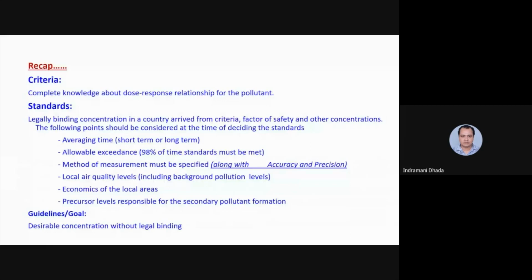Now, let us conclude what we have learned till then. Then we'll discuss the mechanism of removal and the attenuation process. So till now we have studied that there are certain standards. Beyond those standards, if the concentration of a certain pollutant crosses them, they are pollutants.